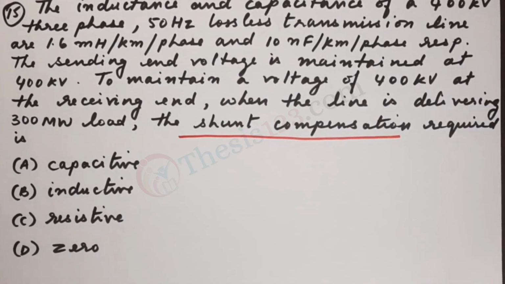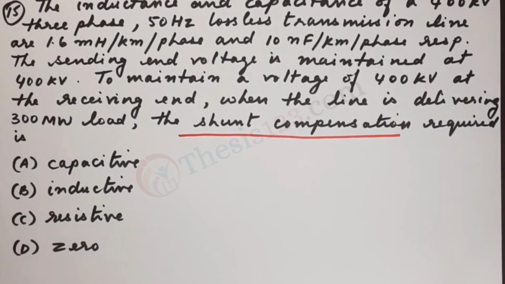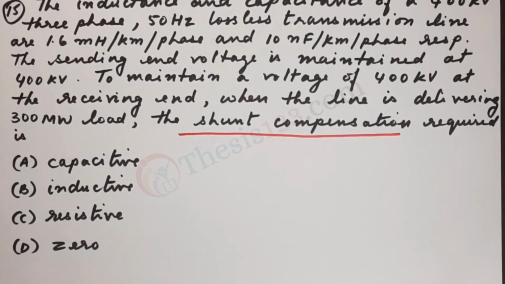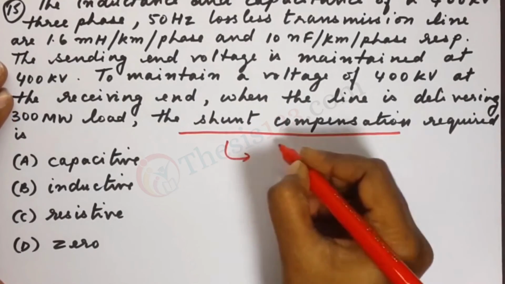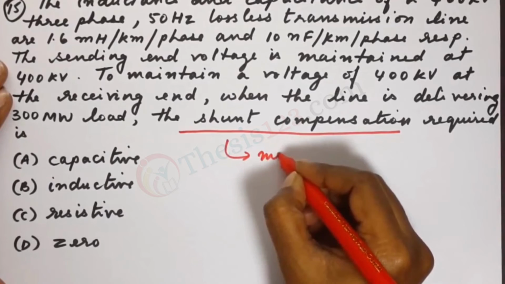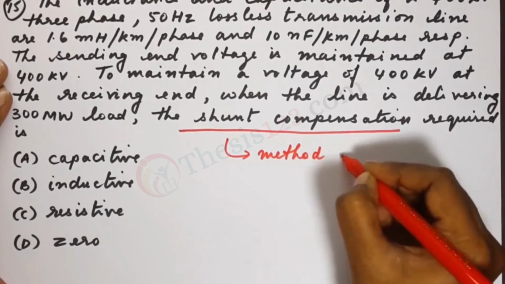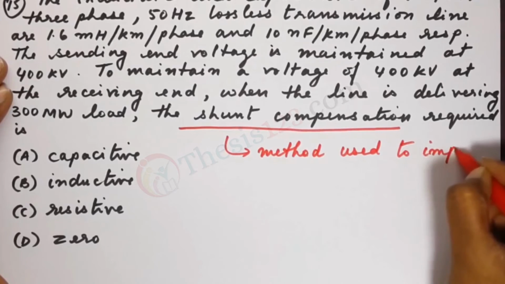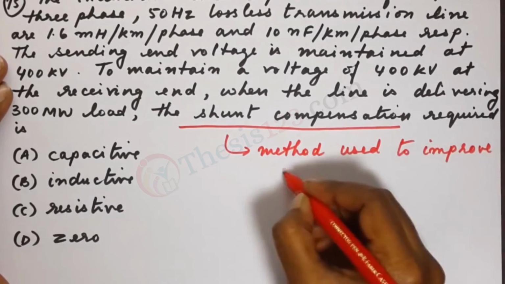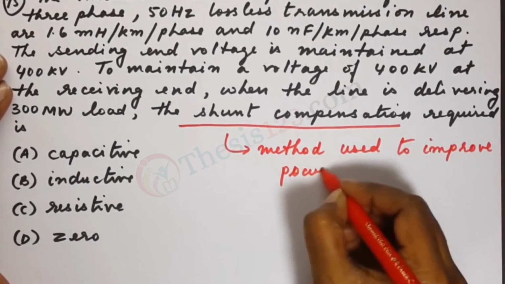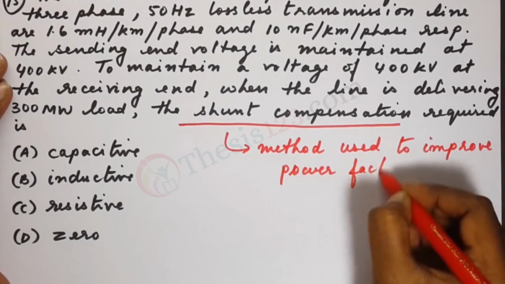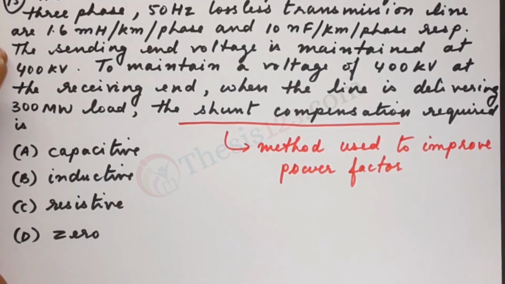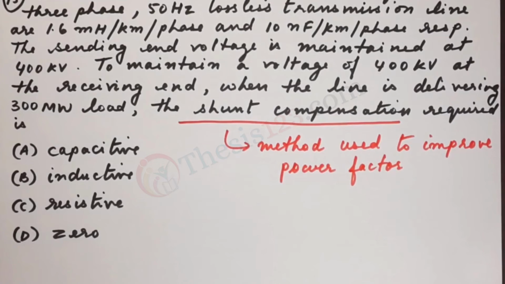Okay, so first you will have to understand what shunt compensation is. Shunt compensation is a method that's used to improve the power factor. The closer the power factor is to unity, the best that it can get.